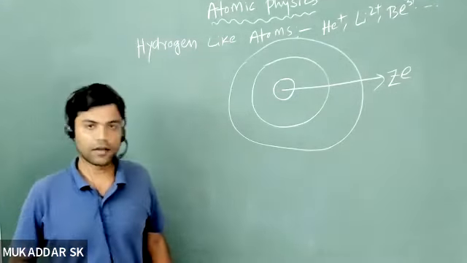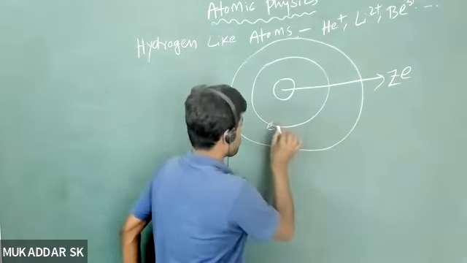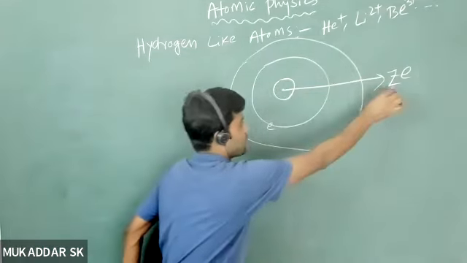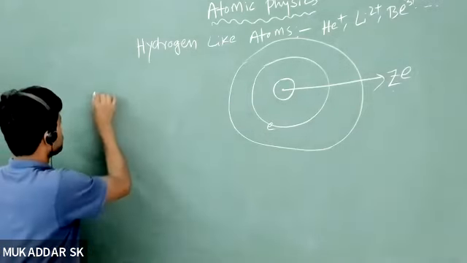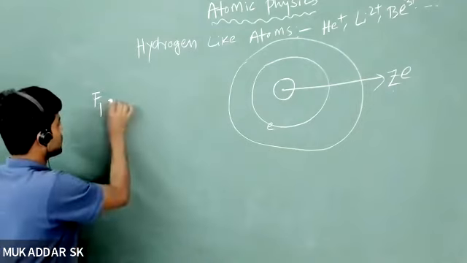Now see, the electron is revolving and you have Ze amount of positive charge at the nucleus. Then how much will the Coulombic force be? Let us assume the Coulomb force is F1.